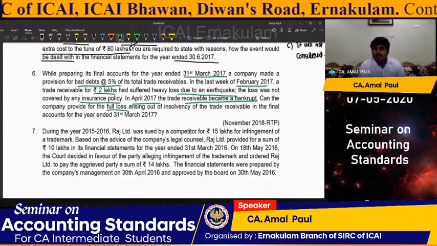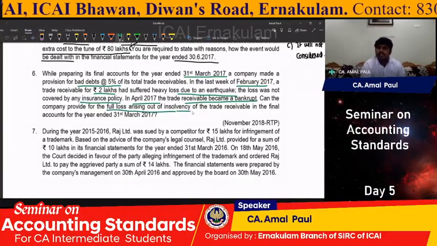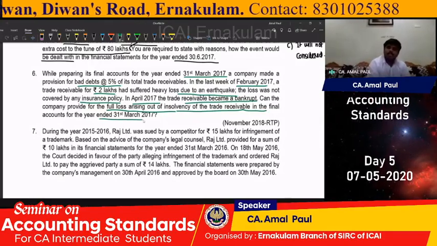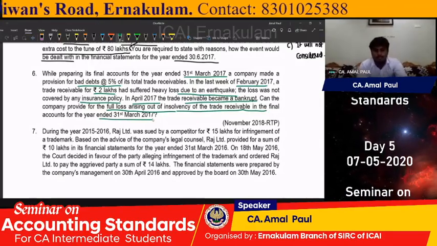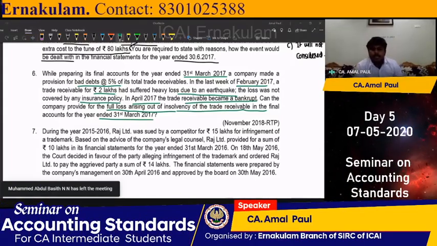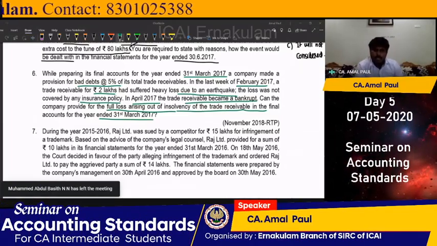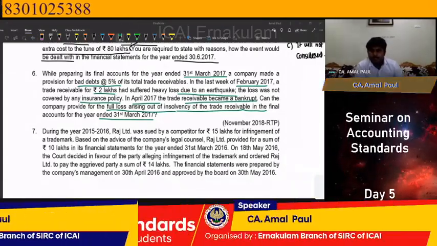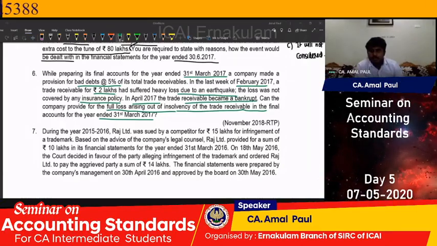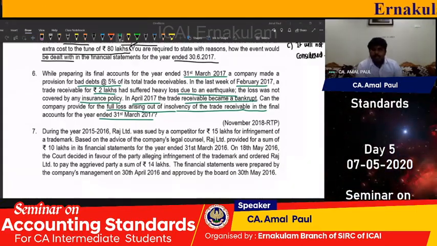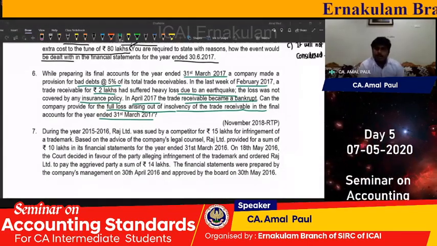Can the company provide for the full loss arising out of insolvency of the trade receivable in the final accounts for the year ended 31st March 2017? Whether it is adjusting, non-adjusting, or not even an event occurring after the balance sheet date, what is the situation here? Whether it is an adjusting event or non-adjusting event.